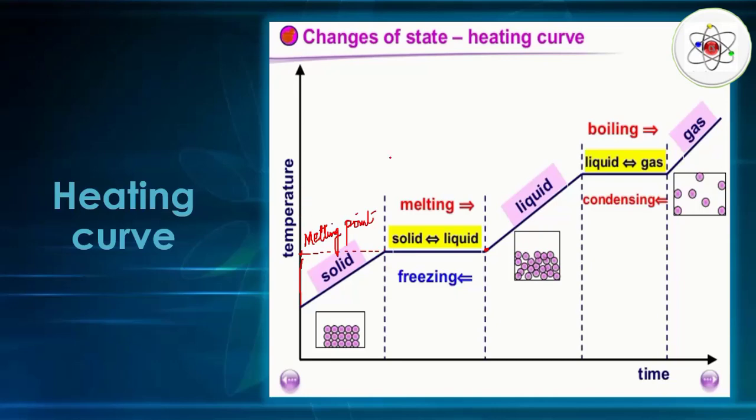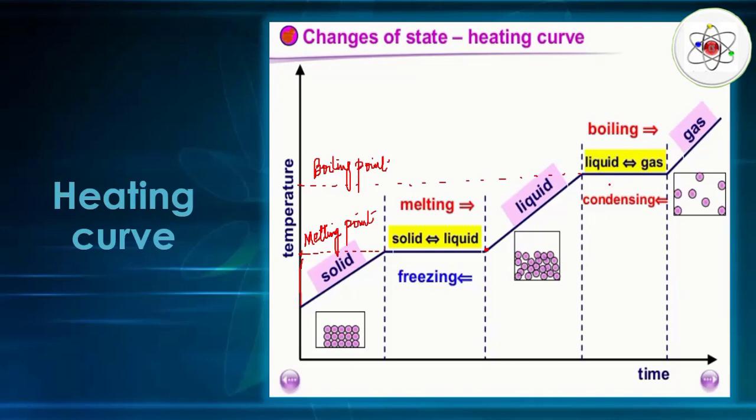Until the point is reached where liquid starts evaporating, and that temperature is called the boiling point of that liquid, and temperature will not rise until all the liquid changes to gas.